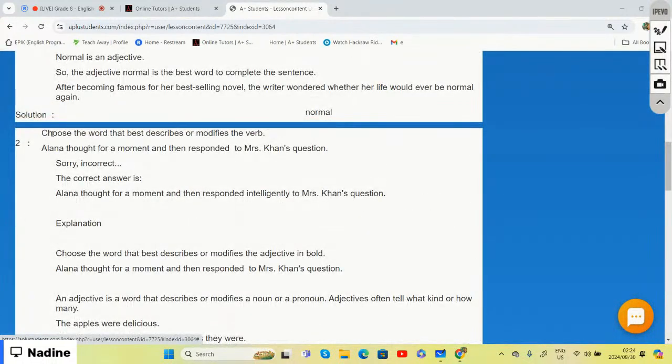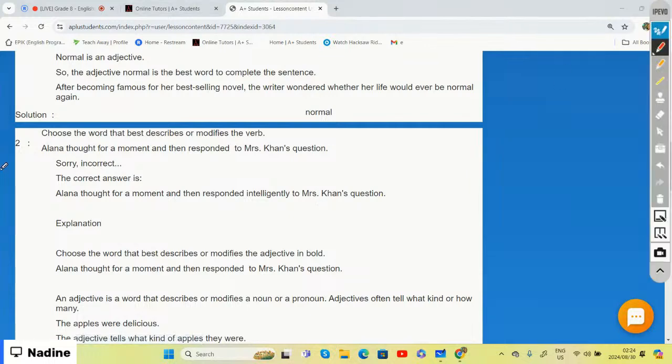All right, the next one says, Elena thought for a moment and then responded. We must choose the correct word, and we can say she responded intelligently to Mrs. Khan's question.